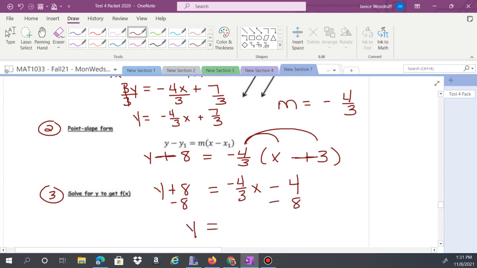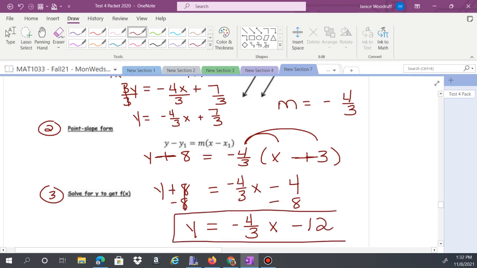I'm getting y equals, these cancel, -4/3 x minus 12. And there is our line. Anybody have any questions on that one?